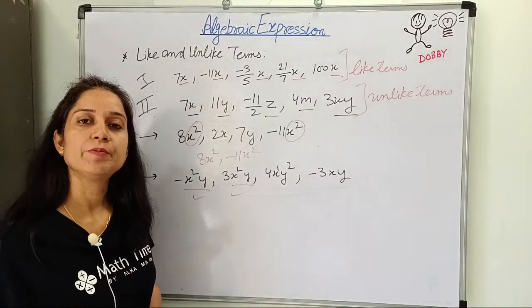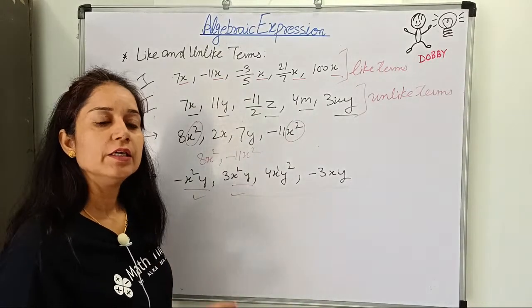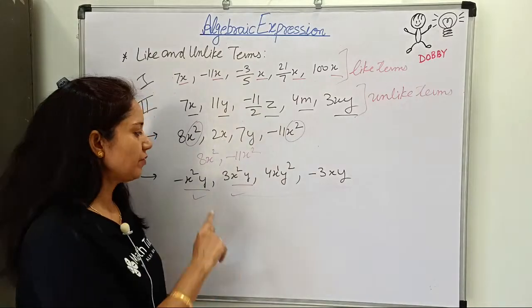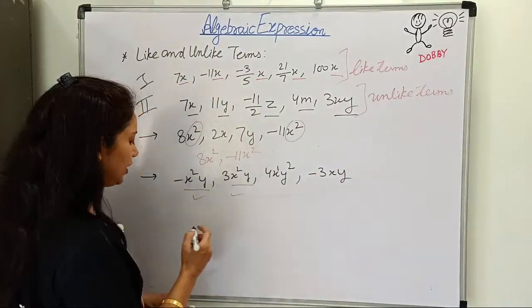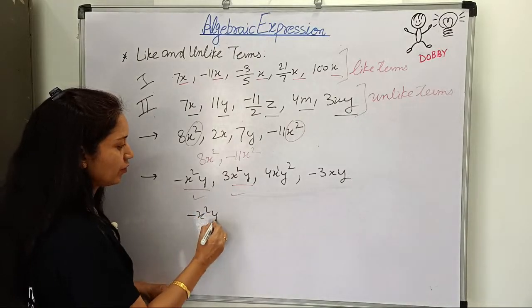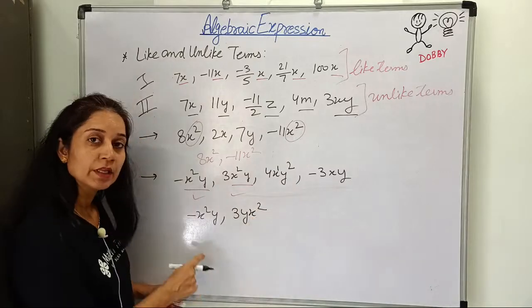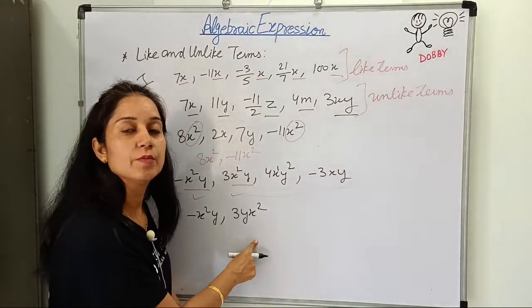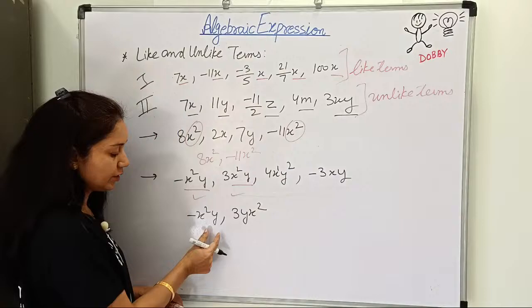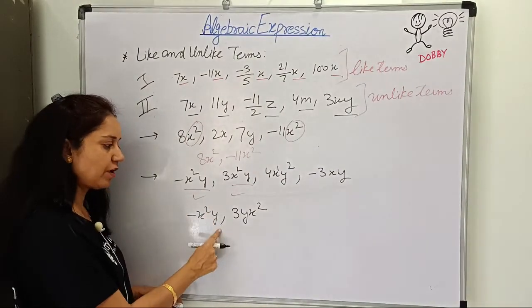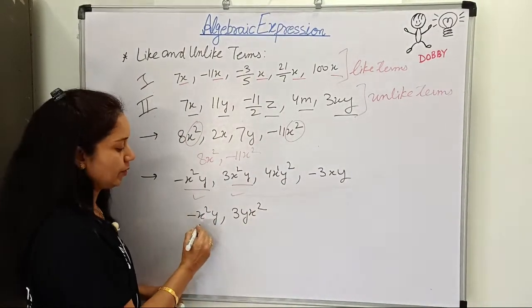So I hope the concept of like and unlike terms is clear. All the expressions having the same variable: if it is written like this, minus x square y and the second term is 3yx square, then also both will come in the same like terms, because it is written in reverse, only x square y is written as yx square, but both are the same.